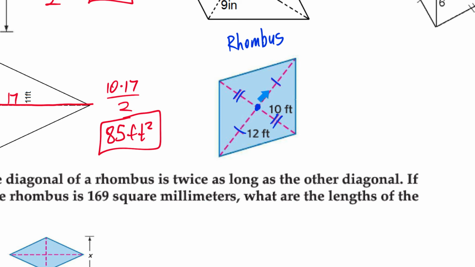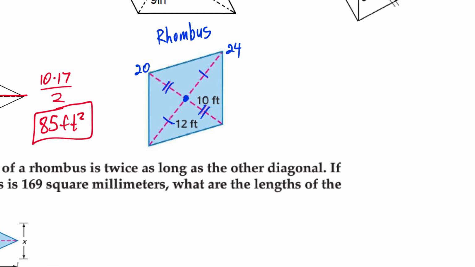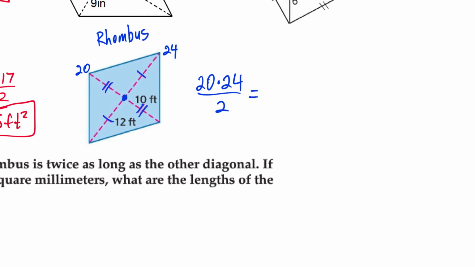So how long is this whole diagonal? It's 24. And then same thing here. These two are congruent. So how long is this whole diagonal? It's going to be 20. So we're going to go diagonal 1 times diagonal 2 divided by 2. It's going to be 240 square feet.